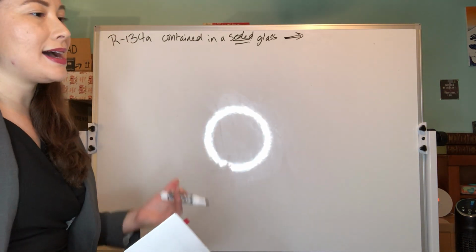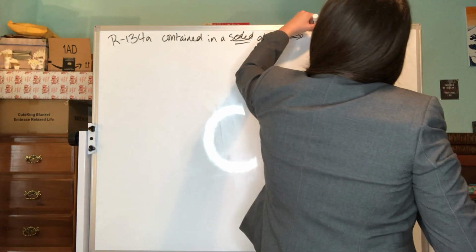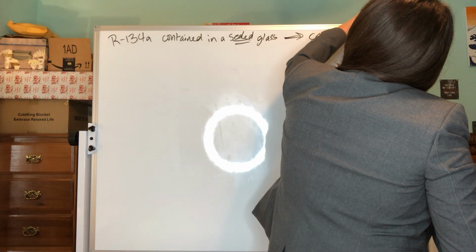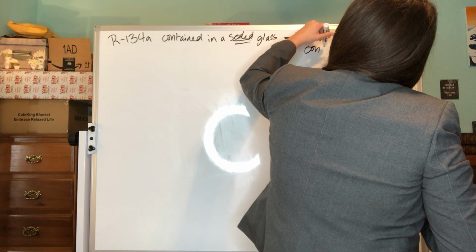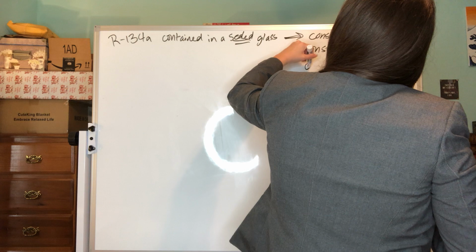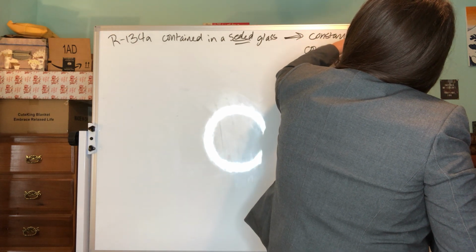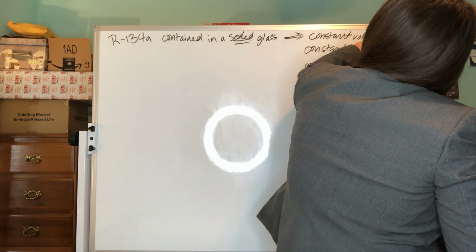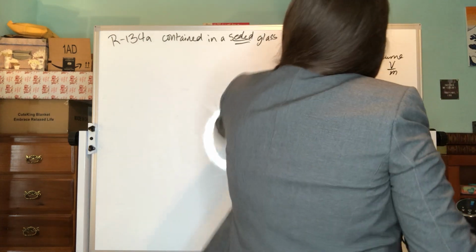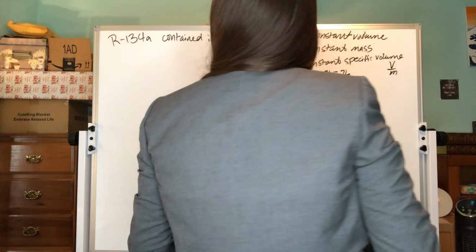We're dealing with the same mass and the same volume throughout the experiment, right? So that means we have constant volume and constant mass. Therefore, we have constant specific volume. Right? Because specific volume is just volume over mass. So that means v1, specific volume 1, is equal to v2. Okay?